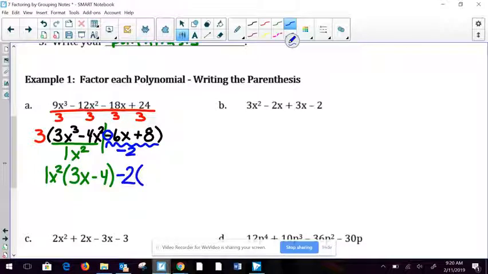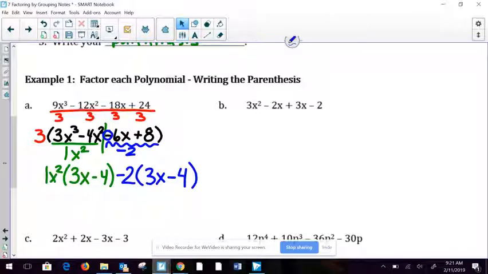And then I'm going to divide everything out, watching my signs very carefully. Negative 6 divided by negative 2 is a positive 3, and I still have my x. 8 divided by negative 2 is a negative 4, and close my parenthesis. Do you all see that neat thing that happened here? Both of my parentheses match.